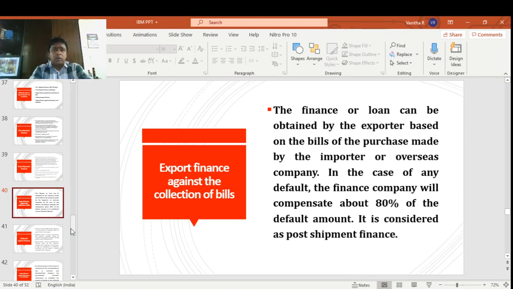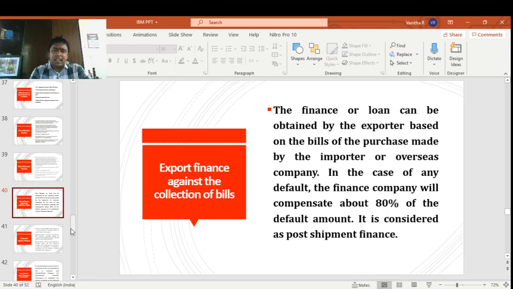Now we have export finance against the collection of bills. This is nothing but a finance or a loan that can be obtained by the exporter based on the bills of the purchase made by the importer or overseas company. In the case of any default, the finance company will compensate about 80% of the default amount. It is considered as post shipment finance.